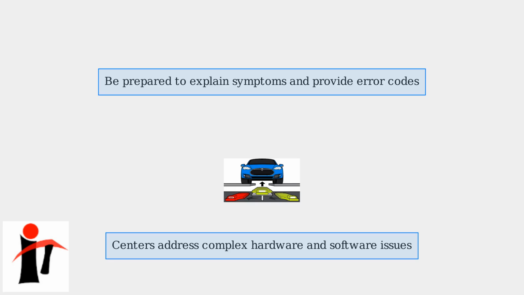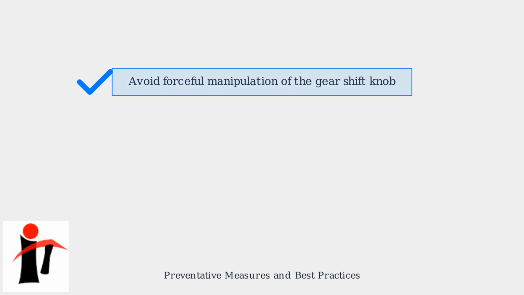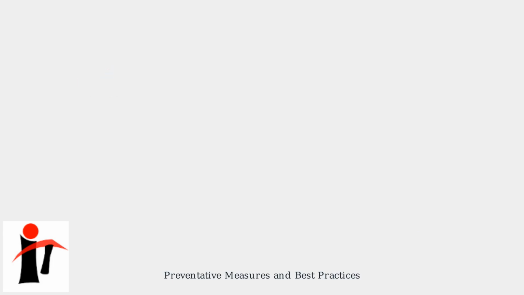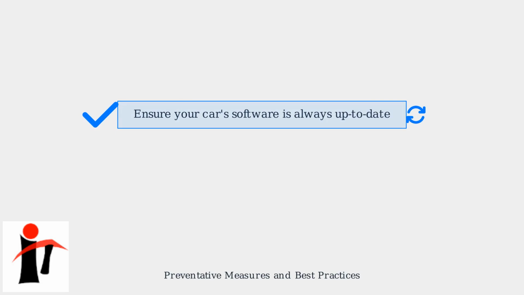To minimize future gear shift problems in your Tesla Model 3, avoid forceful manipulation of the gear shift knob. Forceful handling can cause wear on the electronic components and lead to premature failures. Ensure your car's software is always up to date through over-the-air updates.